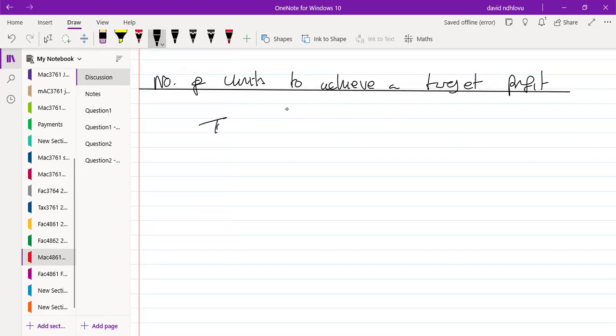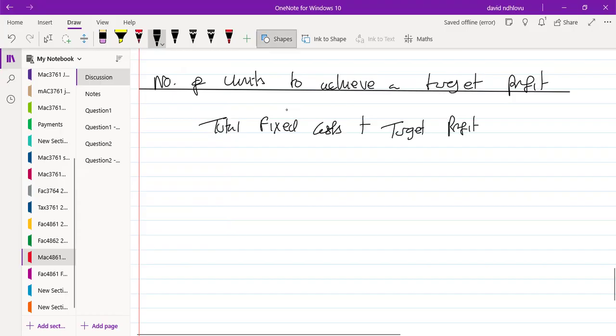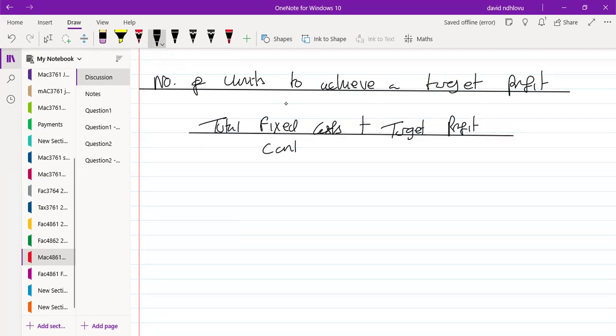You simply take your total fixed cost for a period, then you add your target profit for that period, and then you divide that by contribution per unit. So that should give you the units that you need.